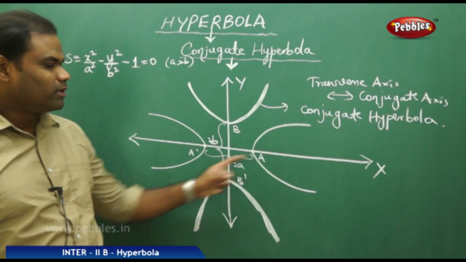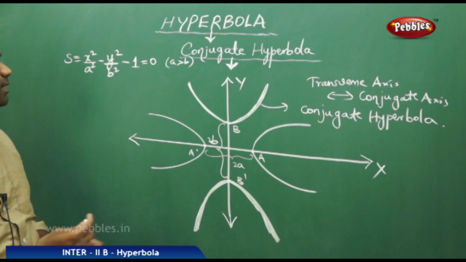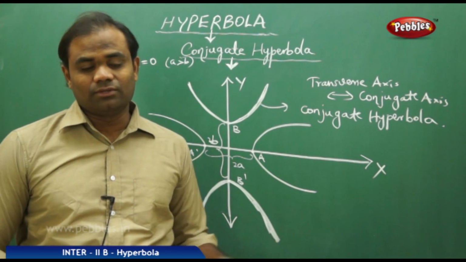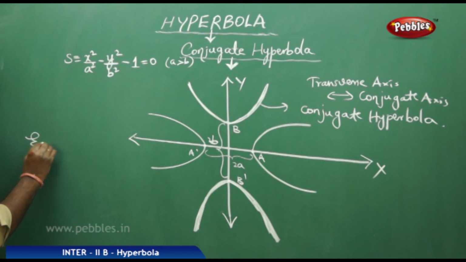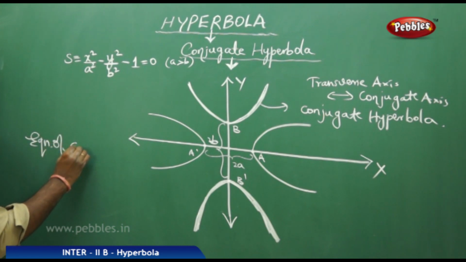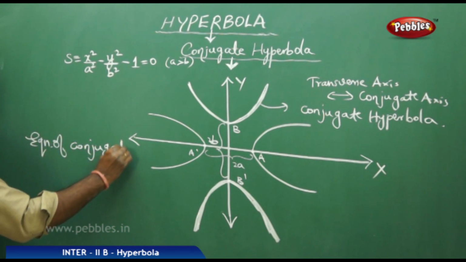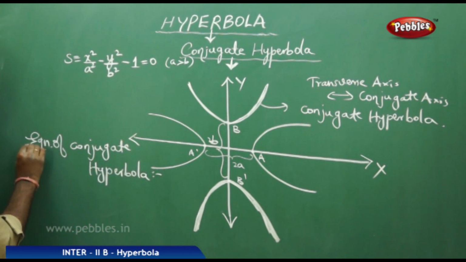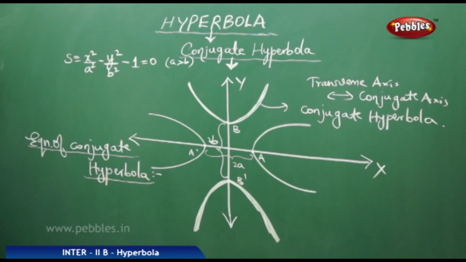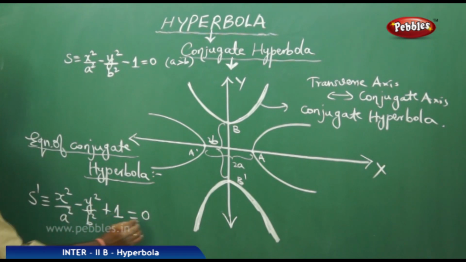Now, as we know, the equation of the original hyperbola is x squared by a squared minus y squared by b squared minus 1 equal to 0 with a greater than b. Then the equation of the conjugate hyperbola is given by S dash equals x squared by a squared minus y squared by b squared plus 1 equal to 0.